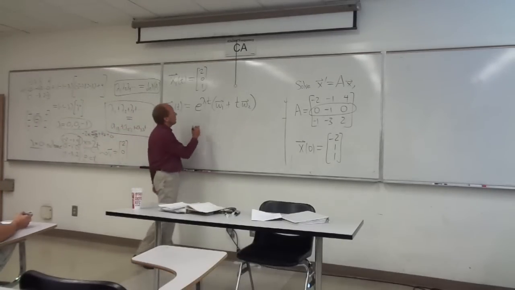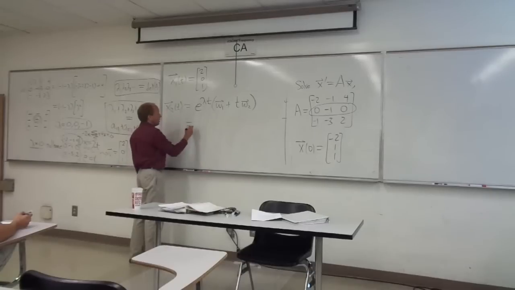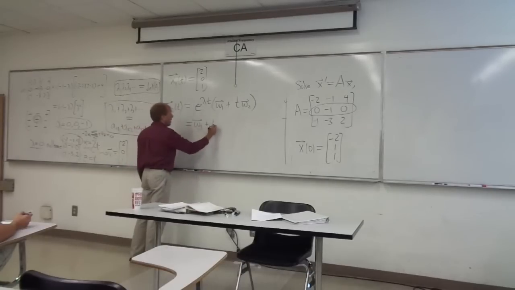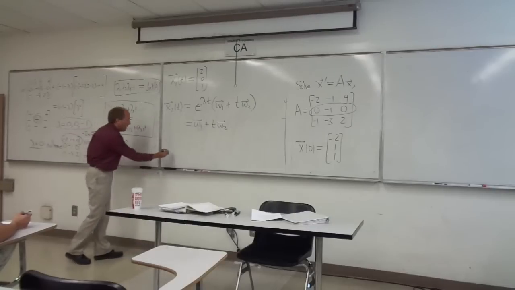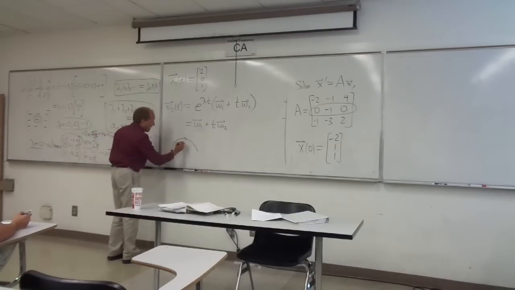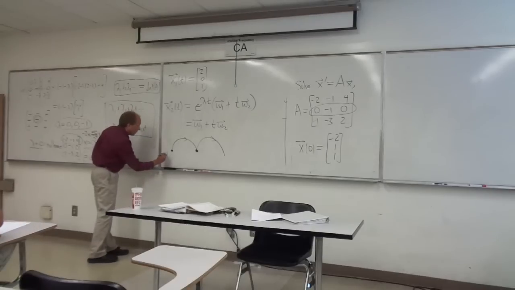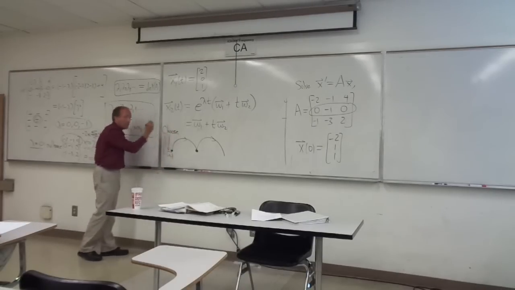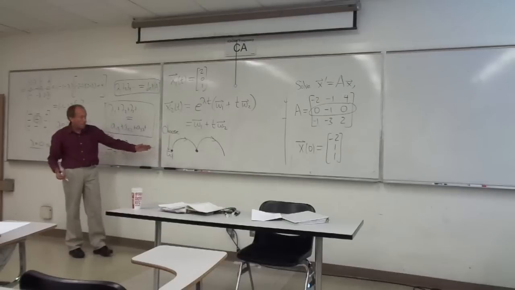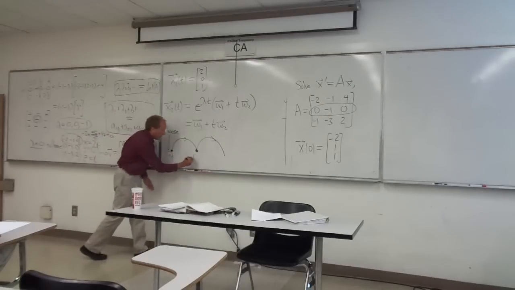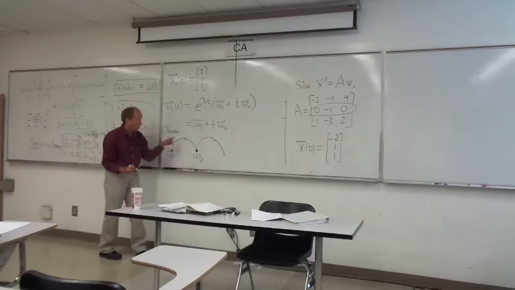Remember, in this case lambda is 0, so it's really just going to be W1 plus t times W2. Let me remind you how this is going to look. We have this little diagram, which I like to use, where we start at the left. Some people stopping by about the homework yesterday wanted to start with the middle, the W2, and then go backwards.